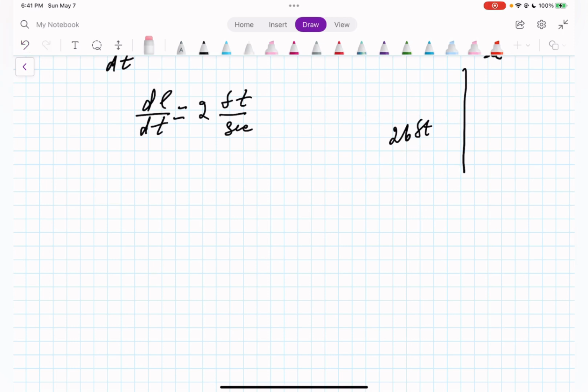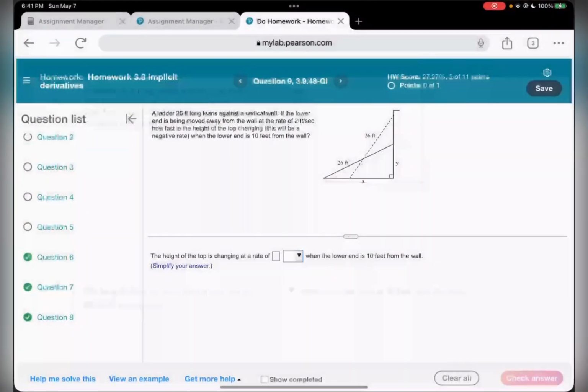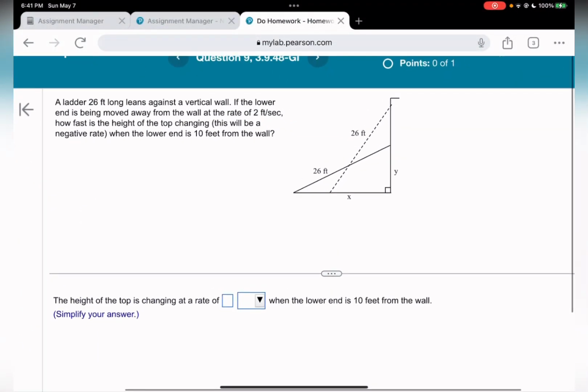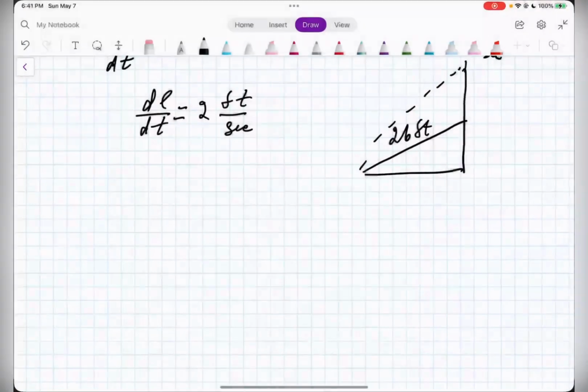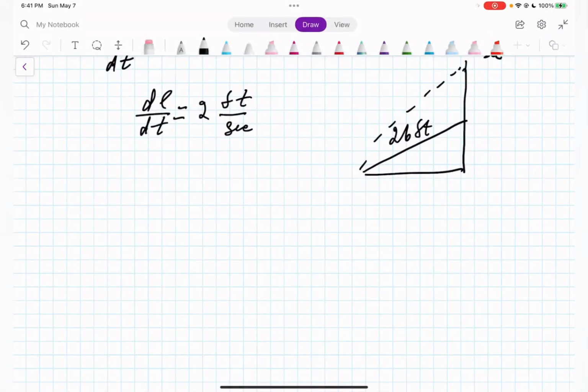Original was this one, 26. Oh, I'm not drawing properly. Of course. Let me just draw from the beginning.